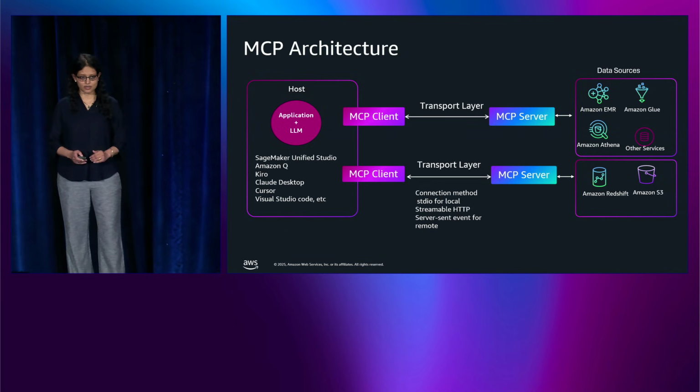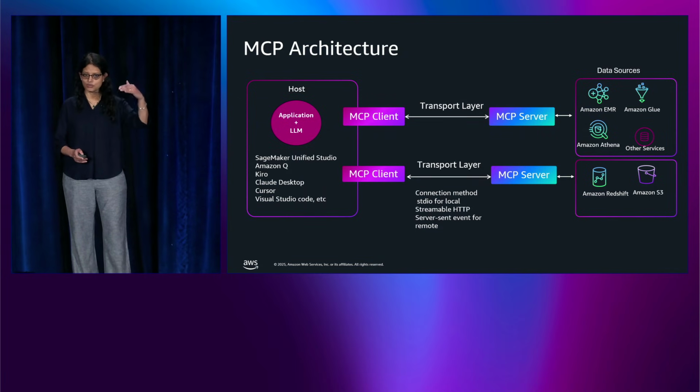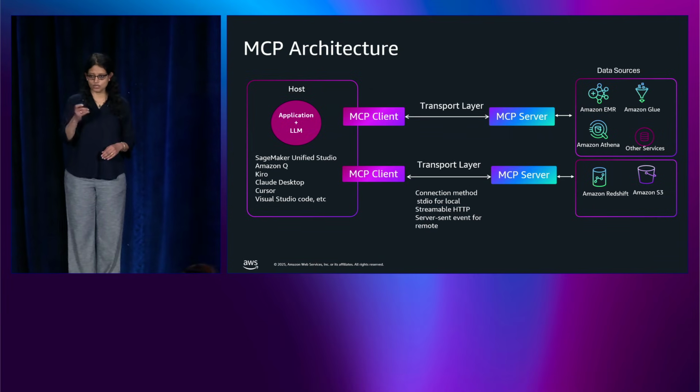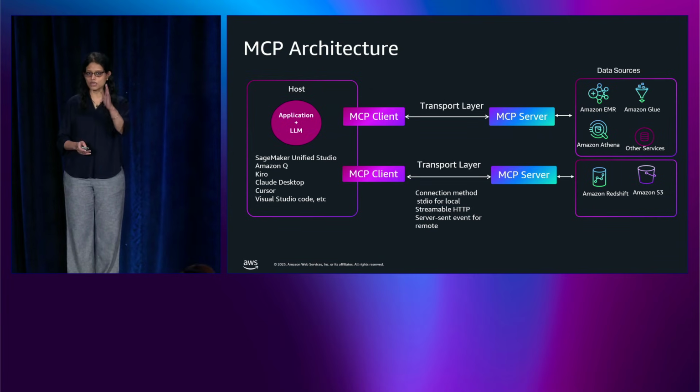The large language model, think about it, is going to break it down into multiple steps. Because of this integration of the MCP client, it also has the information of the tools that it can use. So the first step is find the retail customer data set.